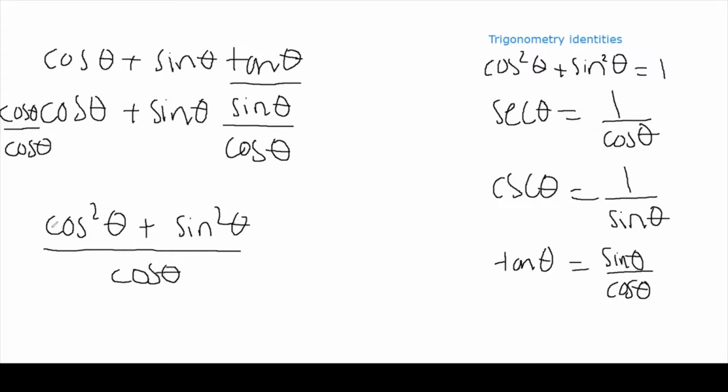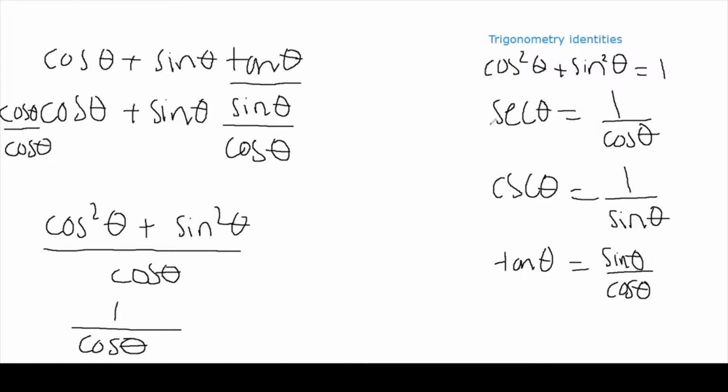And we see that cosine square of theta plus sine square of theta, that equal to 1 for the Pythagorean identities. So we can just replace 1. So 1 divided by cosine of theta, and the reciprocal identities say that secant of theta equal to 1 divided by cosine of theta.